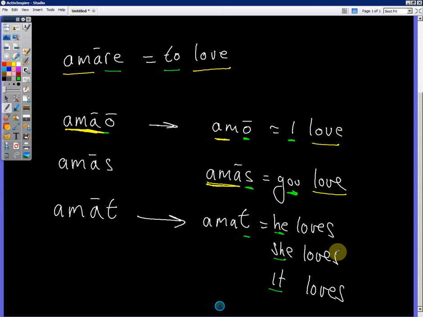Here it is here. There's the root, the stem. We've got that by taking the re off the infinitive. There's our ama, but when there's an O with it, the A drops out, becomes amo. When there's an S with it, keeps exactly the same, amas. And when there's a T with it, the macron drops out. It's amat.